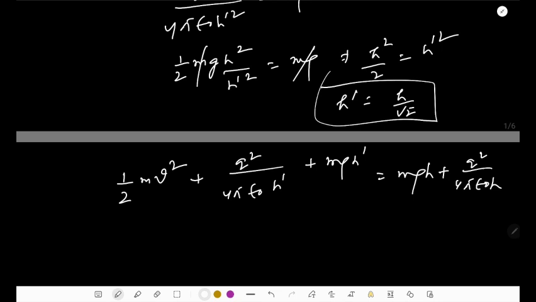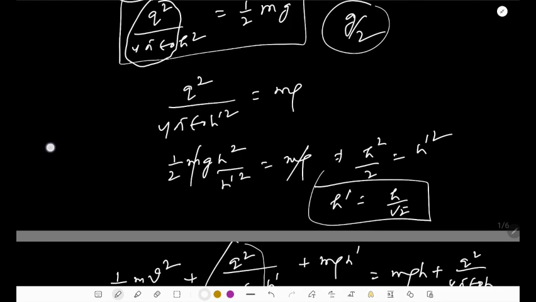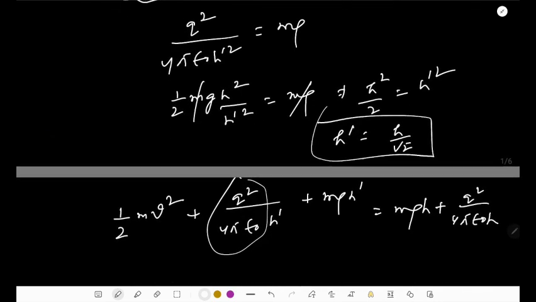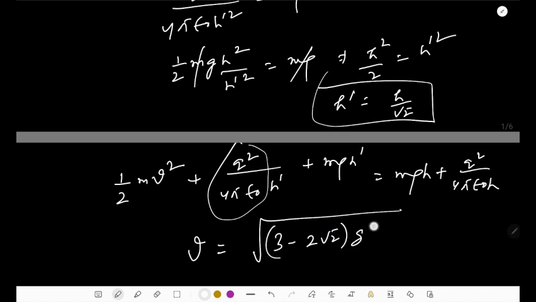You can solve it by putting in h dash and q square by 4 pi epsilon naught, which is half mg h square, and you will get the speed eventually comes out as under root 3 minus 2 root 2 gh, and that's the answer. And we solved both parts of the problem. So thank you very much for watching.